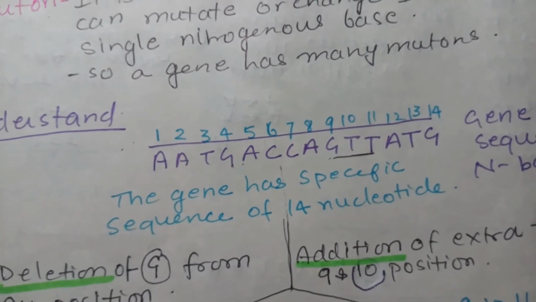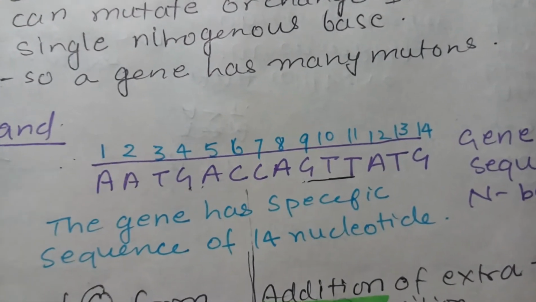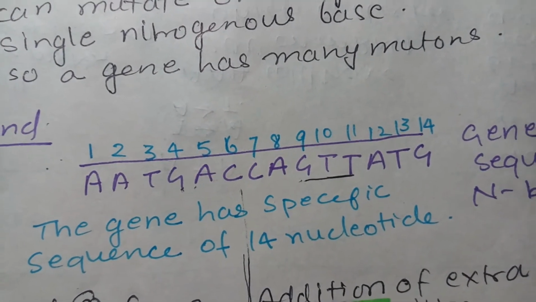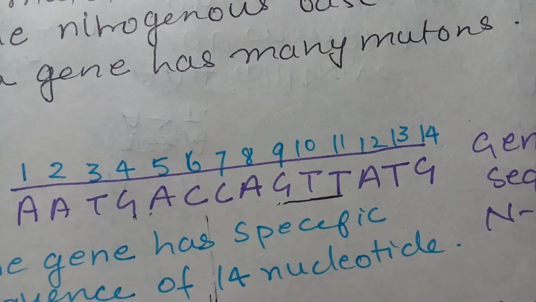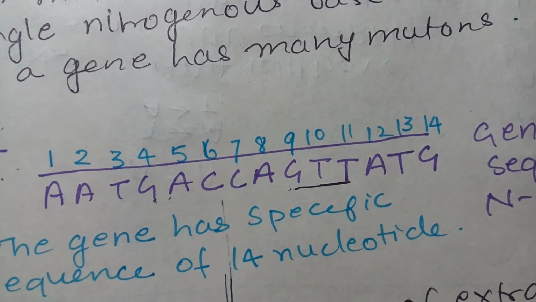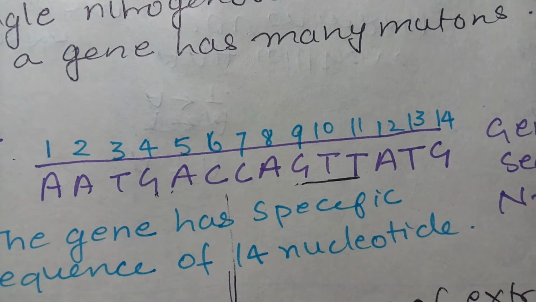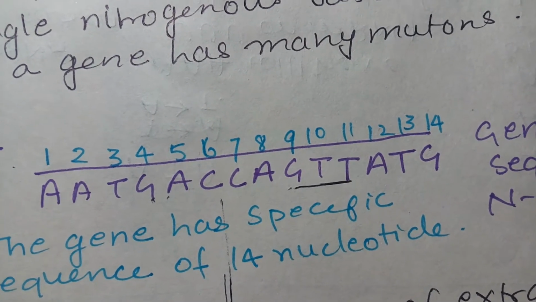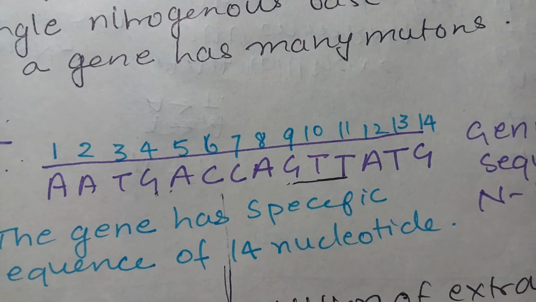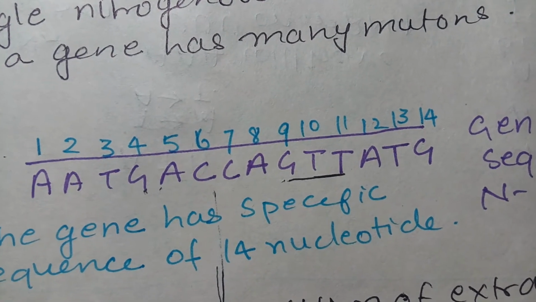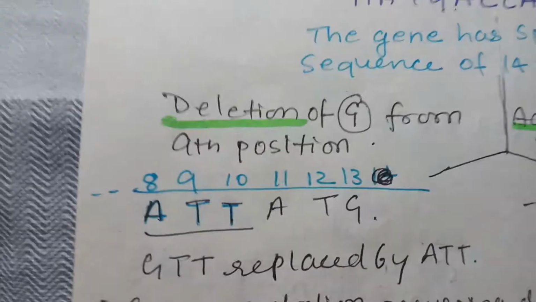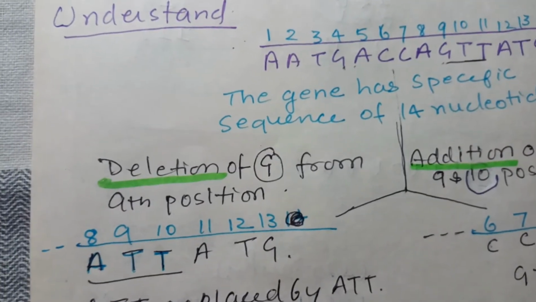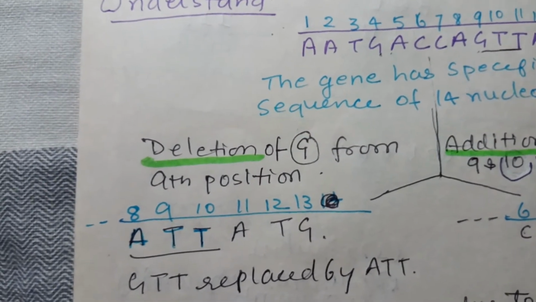Now to understand the mutation, let's focus on positions 9, 10 and 11. If I read the frame, it is GTT at 9, 10 and 11, and at 8 it is A. So 8, 9, 10: A, G, T. Now suppose there is deletion of G from position 9.